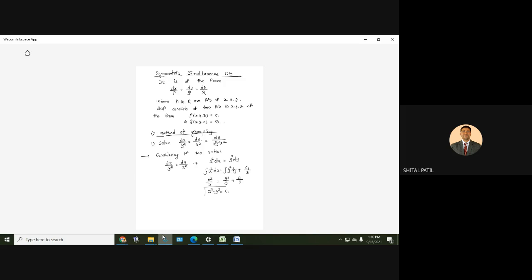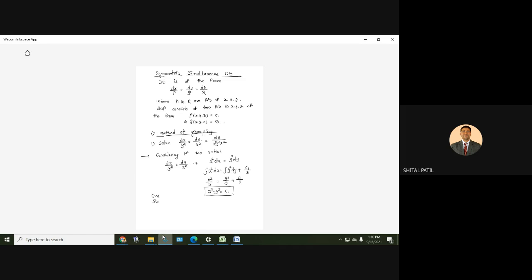This is one solution. But we are interested in one more solution, right? And no doubt we have to include the third group, so that somewhere z should be there. Okay, so we may consider first and third ratio. For this example, we have the freedom of considering first and third ratio or second and third ratio. Okay, so let me consider second and third ratio.